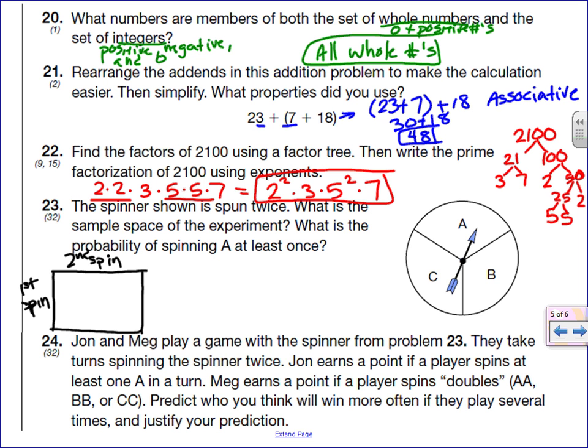So I can either get A, B, or C on my first, and then A, B, or C on my second.